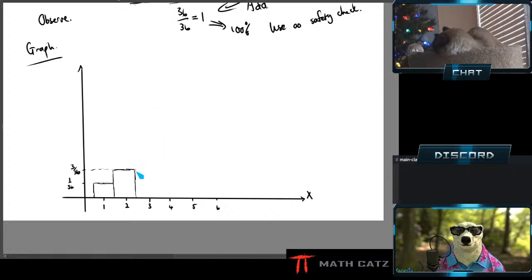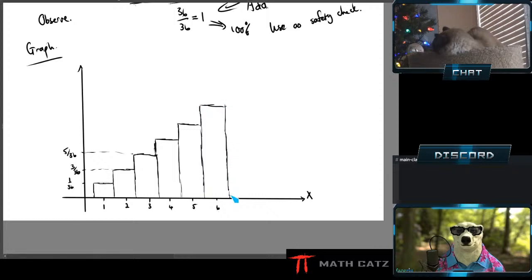Then I'll have a bar a little higher at 5 over 36 that sits at 3, and so on, just giving me a more visual summary. In this case, they all just go up and up based on the experiment that we have.